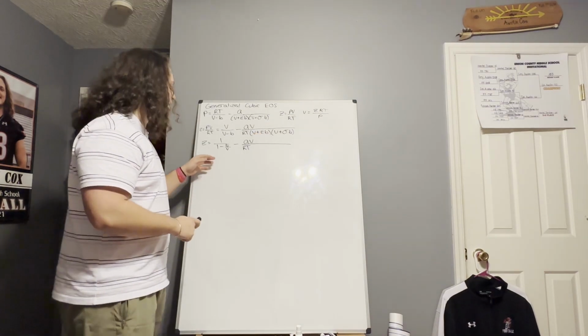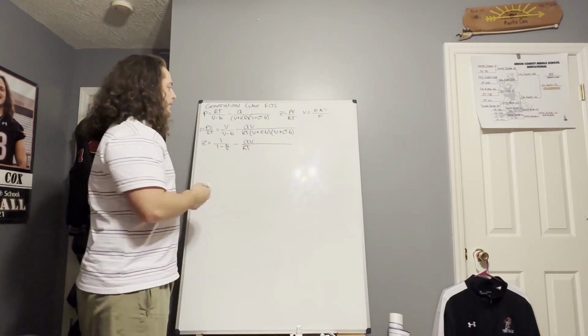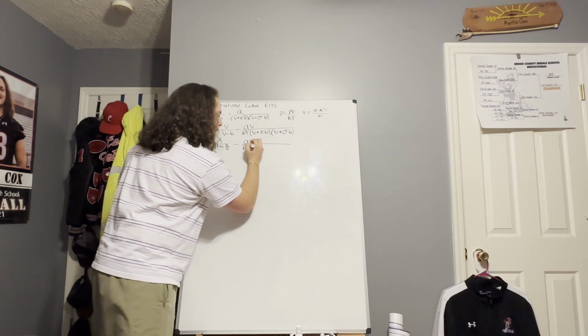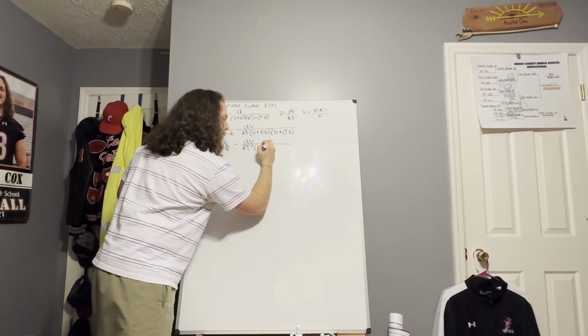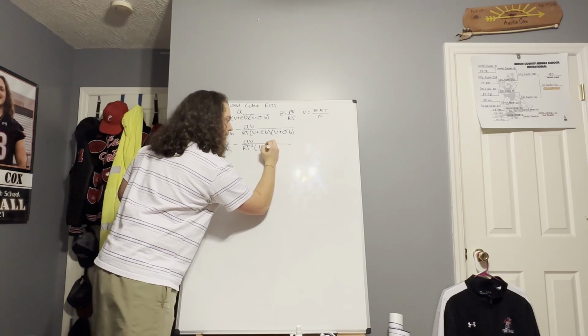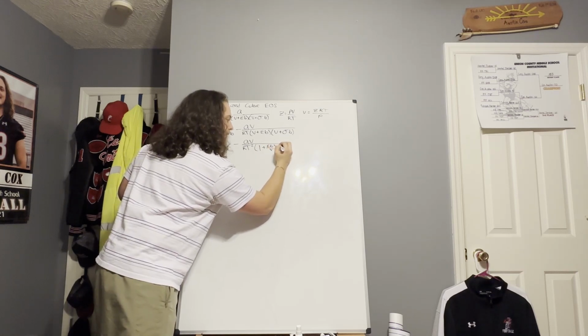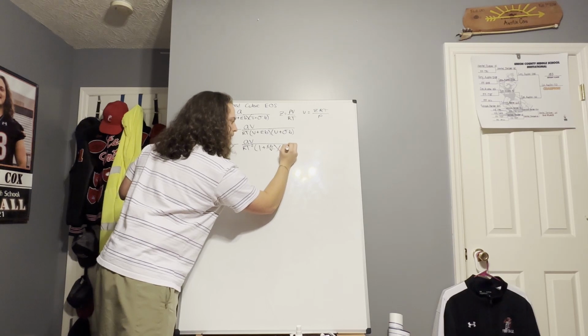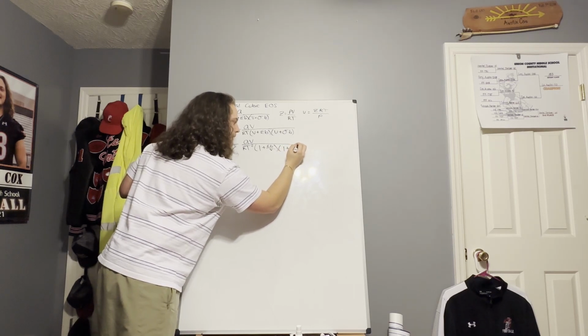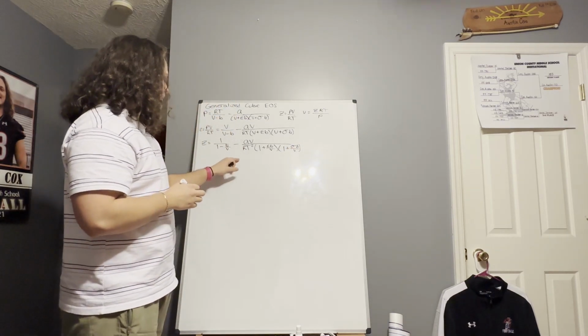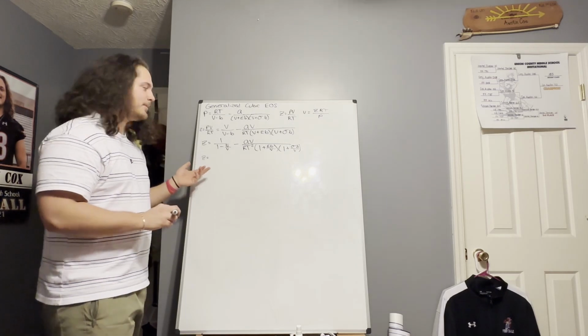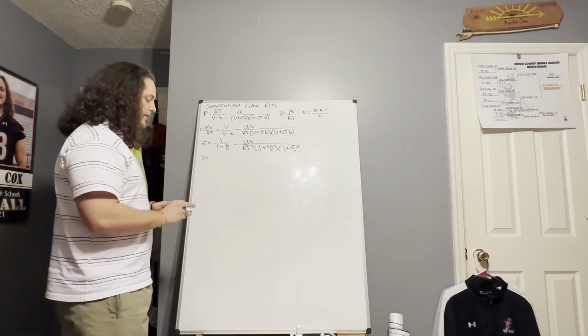Continuing on, plugging in this V value, we are going to get RT squared times 1 plus epsilon b over V times 1 plus sigma b over V.